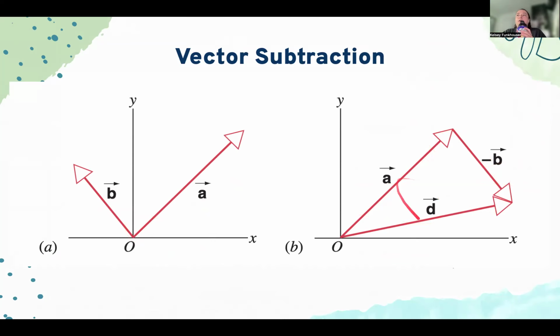So if we're looking for vector D and it is equal to A minus B, then we draw vector A. And then instead of drawing vector B up like that, we draw negative B, so down. And then we go from the tail of A to the tip of negative B to get the resulting subtracted vector.